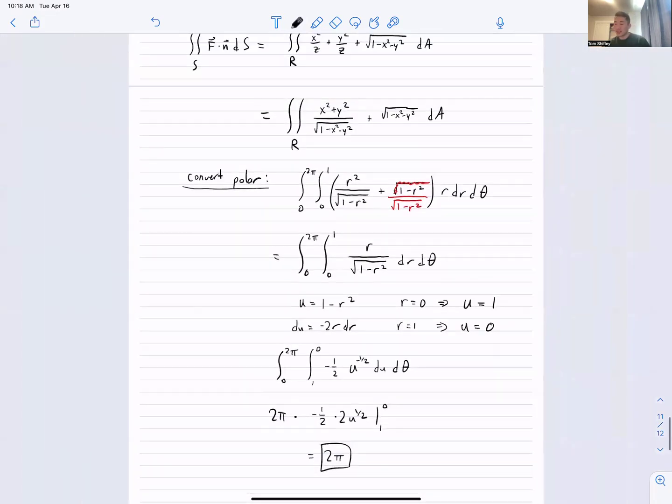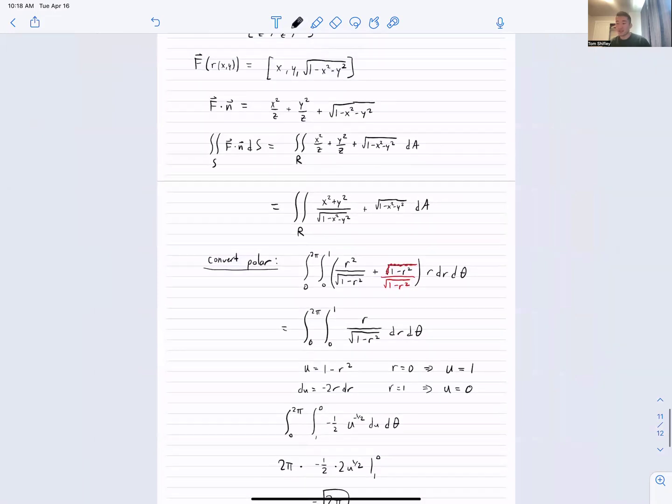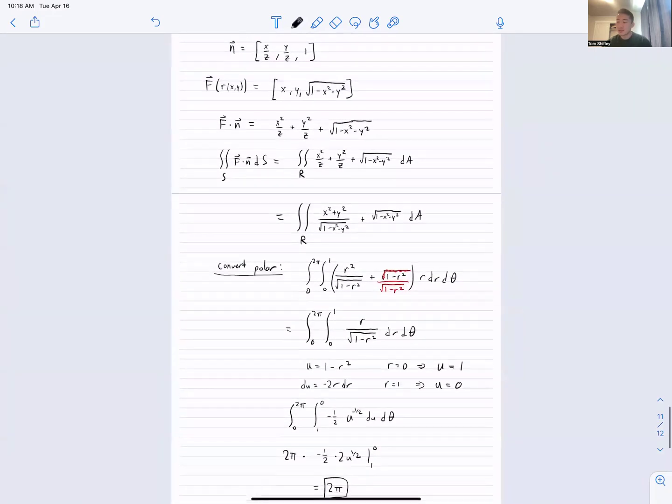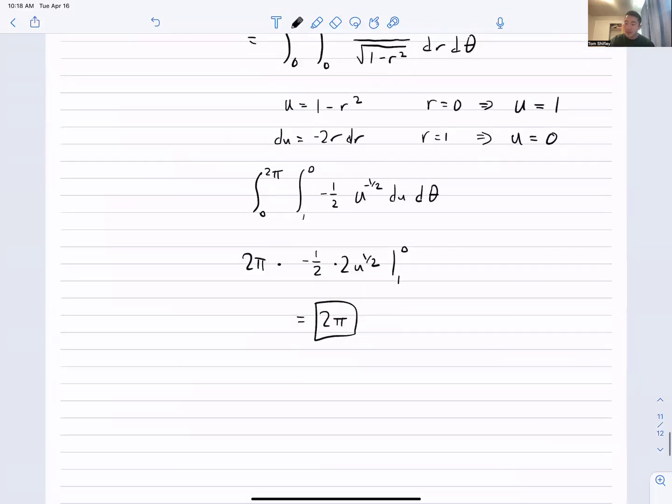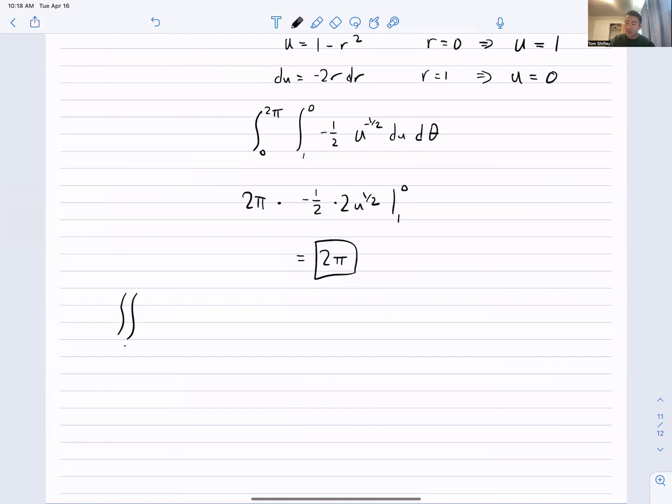But this is kind of showing you what you can do for a flux integral through the surface when it's explicitly defined. And so let me just remind you of that formula. So the formula to do the double integral over a surface of f dot n ds, where let's say that f has some component functions f, g, h, and let's say it's an explicitly defined surface, so it's z equals, I guess I shouldn't use g here.